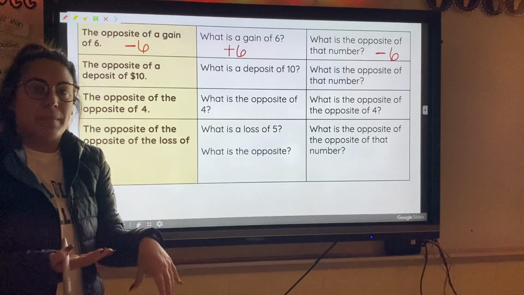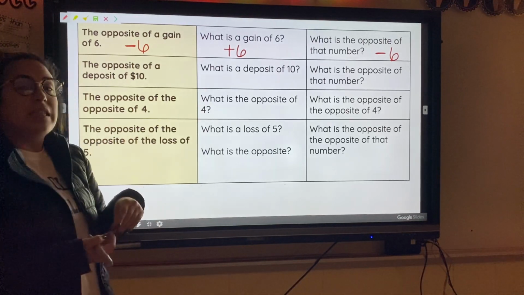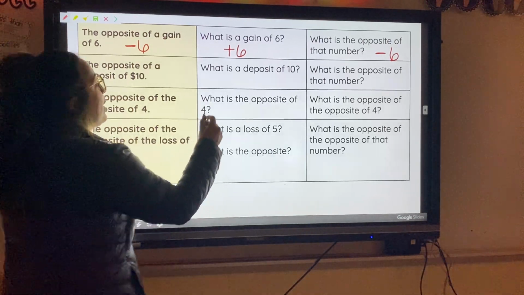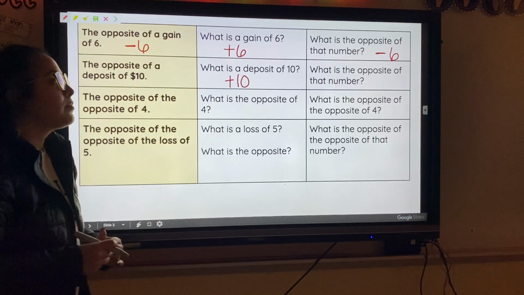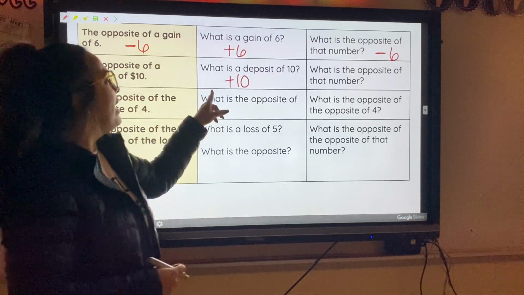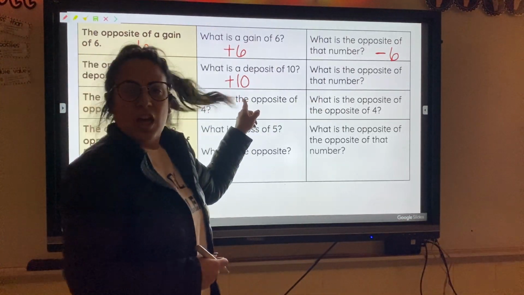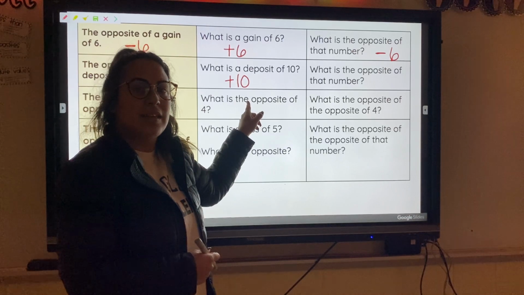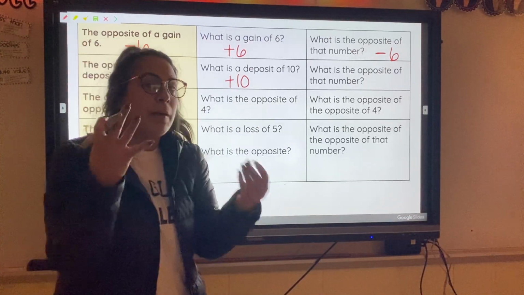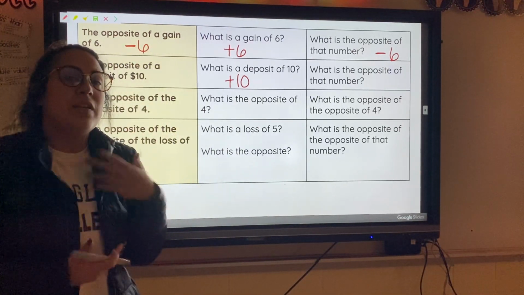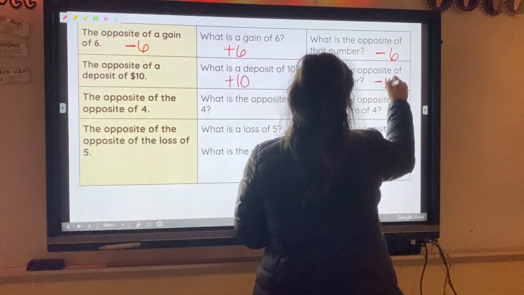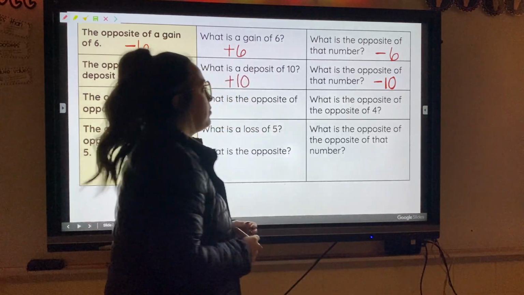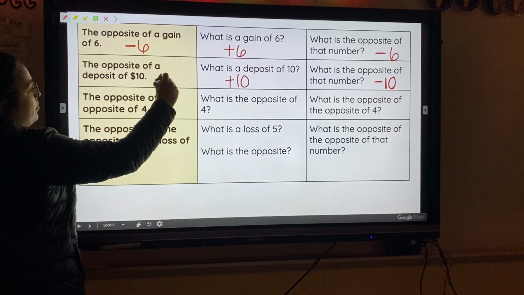You're adding money to the bank account. So a deposit of 10 is going to be an action of plus 10. So what is the opposite of positive 10? It's negative 10. If you remember that rule, the opposite of a positive is a negative. So this is going to be negative 10. So that's our answer.